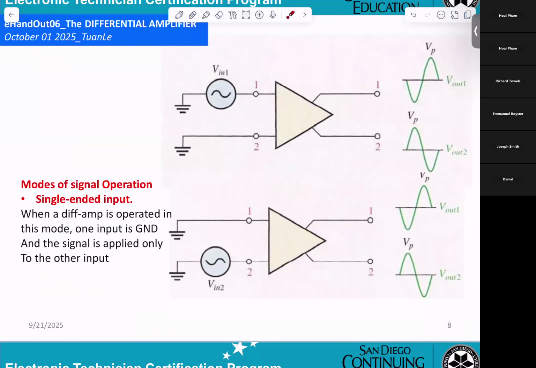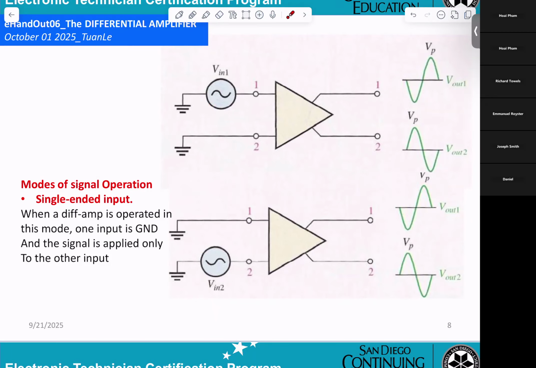Okay, now they're using the symbol, not drawing the circuit anymore. So input one, they apply a sine wave. And they're telling you the first output, Q1, is a sine wave but opposite, inverted.